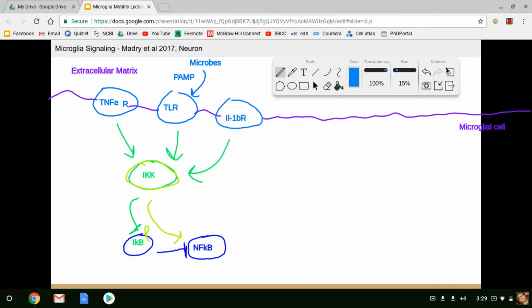If we go back to this phosphorylation that was placed on the inhibitor of kappa beta, when it gets phosphorylated by IKK, it recruits the proteasome. It causes proteasomal degradation.